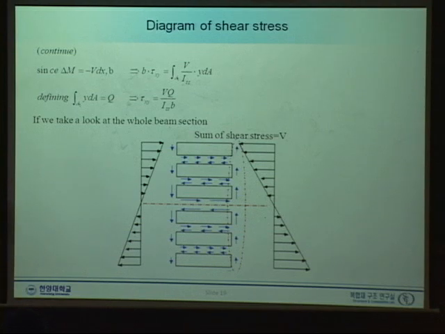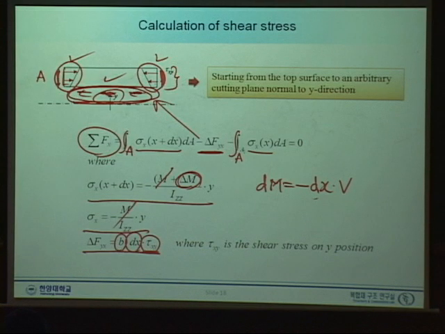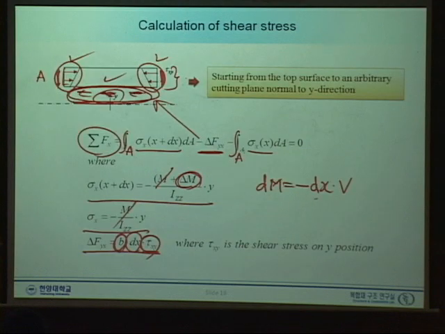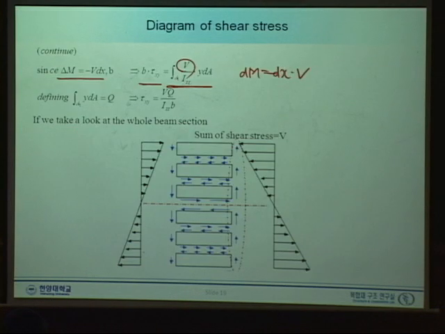So here, b times sigma xy is this one. Remember this dM equals dx V. This is where it comes from.